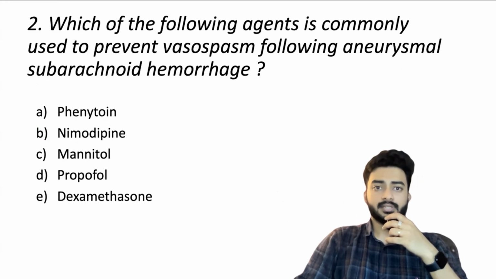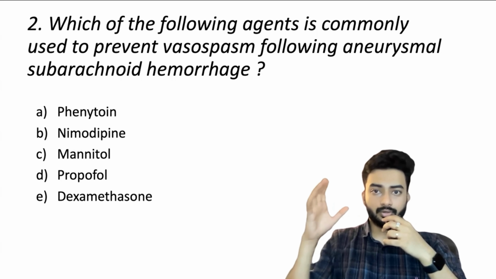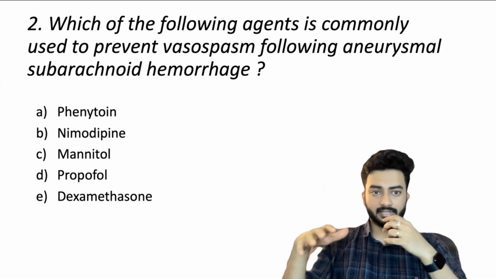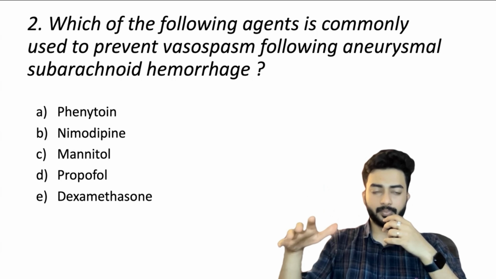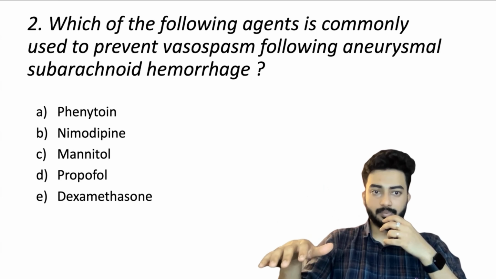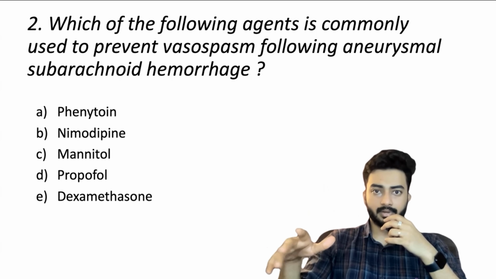The next question, which of the following agents is commonly used to prevent vasospasm following aneurysmal subarachnoid hemorrhage? The options are phenytoin, nimodipine, mannitol, propofol, dexamethasone. Usually the drugs given in the choices are used in a patient during the perioperative period for managing the subarachnoid hemorrhage, for decreasing the BP, controlling the edema, and so on.